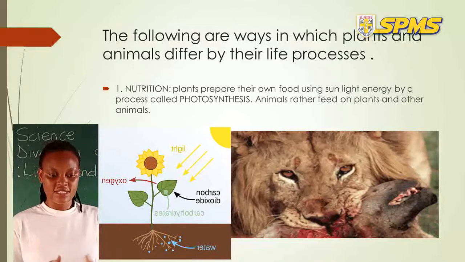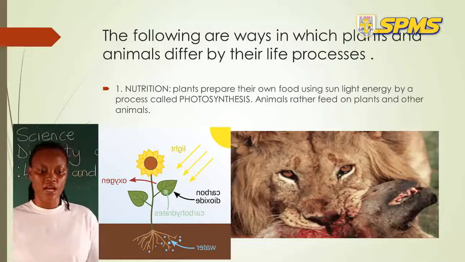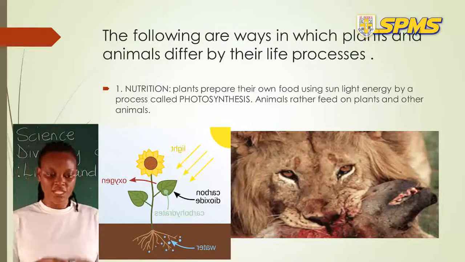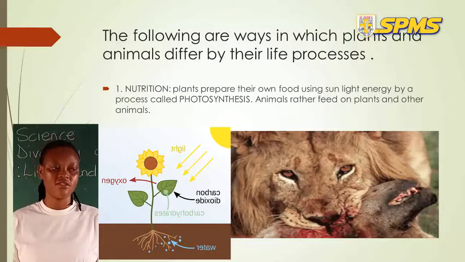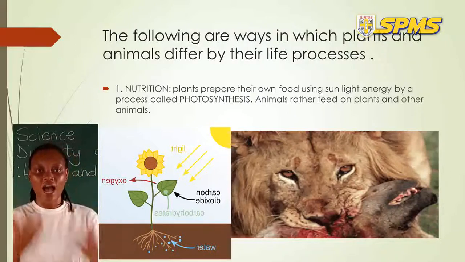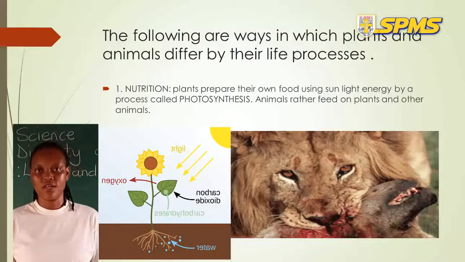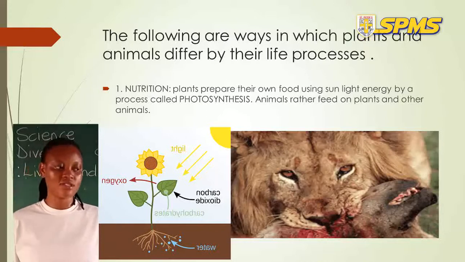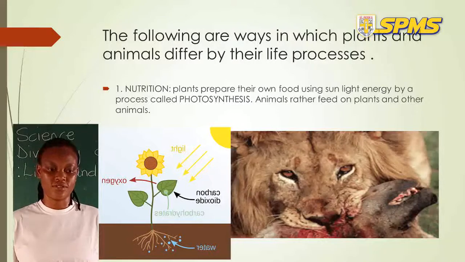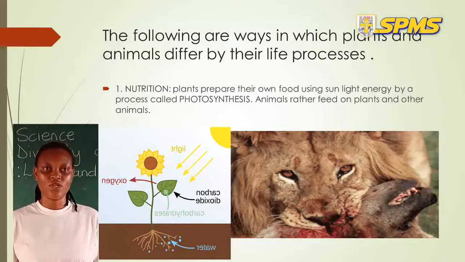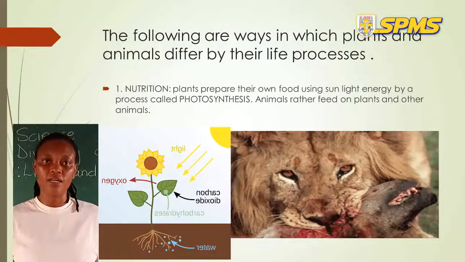And then the second picture, we can see which animal is that? The lion. Yes, they feed on other animals. Those types of animals are known as the carnivore. So they feed on other animals, and they even feed on humans.